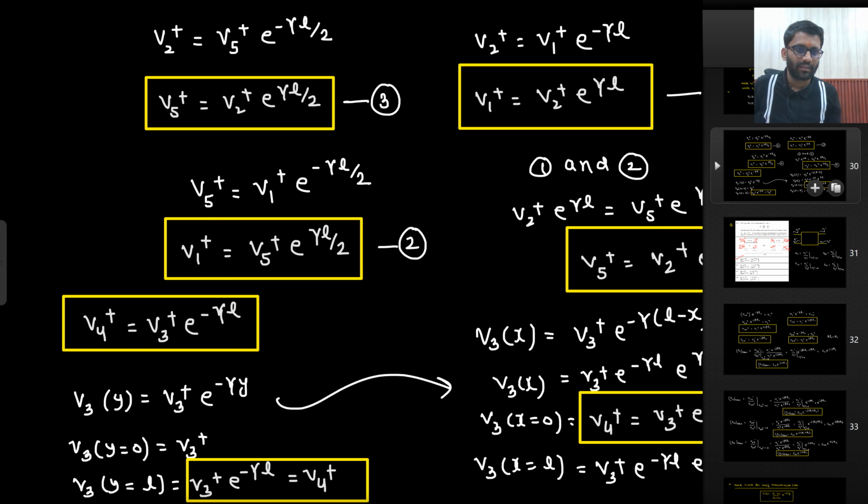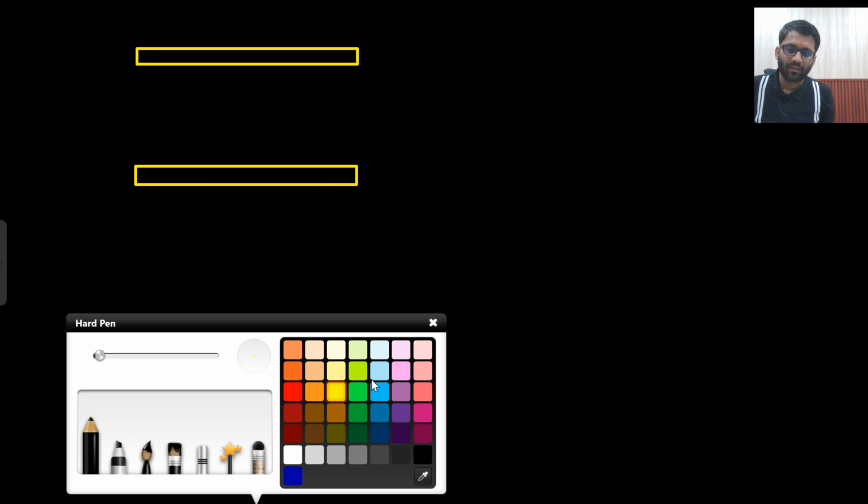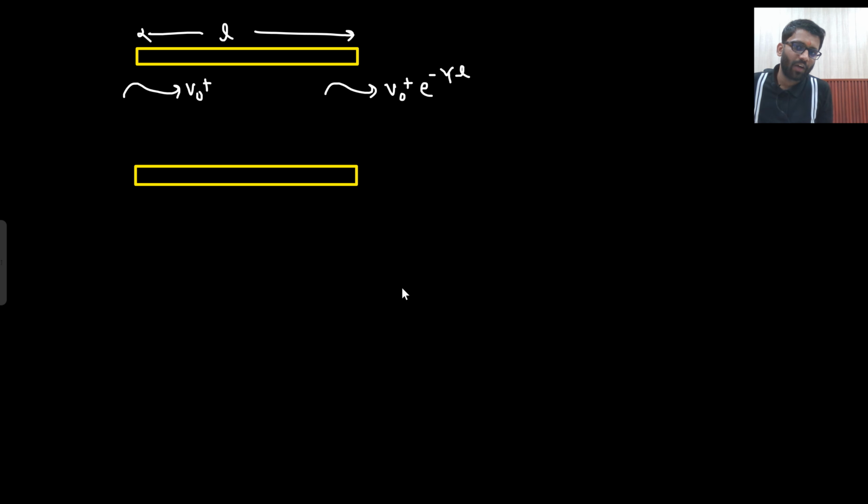I can add a page. What I am saying is that if this is the transmission line and V0 plus is generated here, at the load end what will be reaching? V0 plus e to the power minus gamma L, because it travels a distance of L. Forget about x and y. How much distance is it traveling?